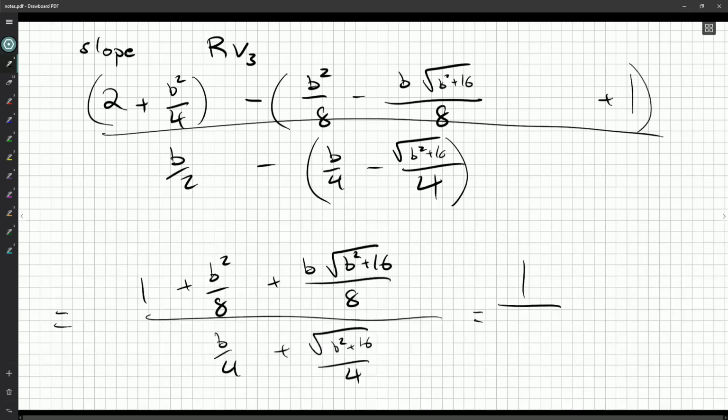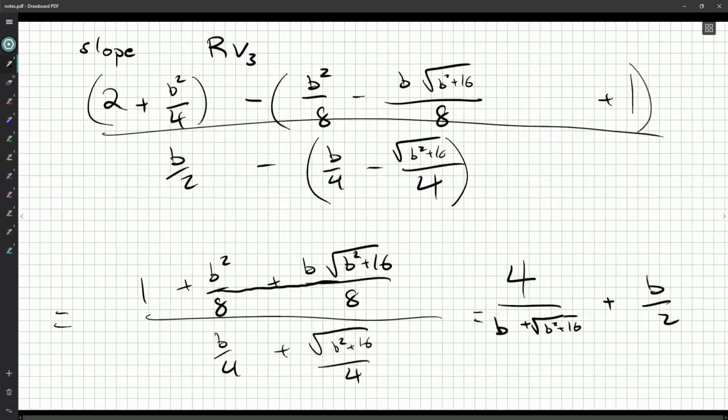So that'll turn into 1 over 4 over b plus the square root of b squared plus 16, plus b over 2 again. Because group these two together, the 8 divided by 4 leaves a 2 on the bottom. Take out a factor of b, and that's happy.